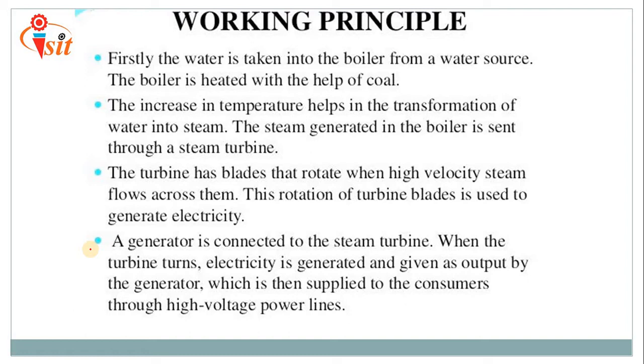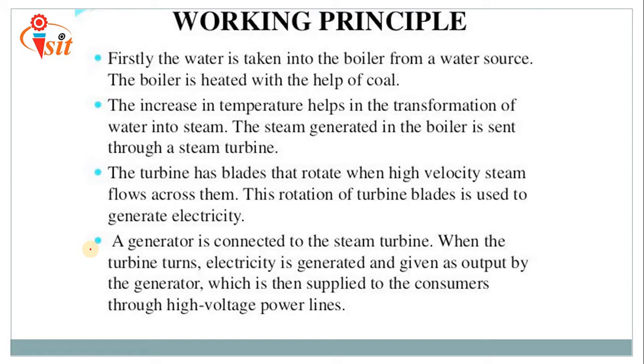After that, with the help of high pressure steam, we bombard that steam on the surface of the steam turbine, and when the turbine blades absorb that energy of the steam, they start rotating and mechanical energy is produced in terms of shaft rotation. That mechanical energy is later converted into electrical energy when the shaft of the turbine is connected to the generator, that is the alternator. So this is the main working principle of the steam power plant.